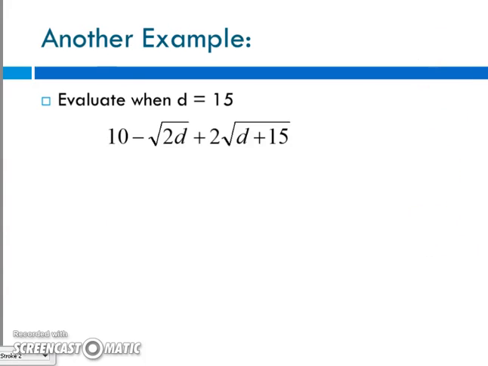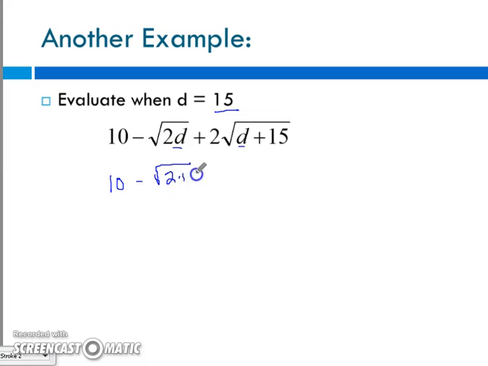As another example, this one says to evaluate when d equals 15. So it's a little bit more complex, but you're still substituting that 15 in for your variables in your expression. So just rewrite everything with the new variable in instead of trying to do multiple things in one step, because you're less likely to make a mistake when you break it apart.